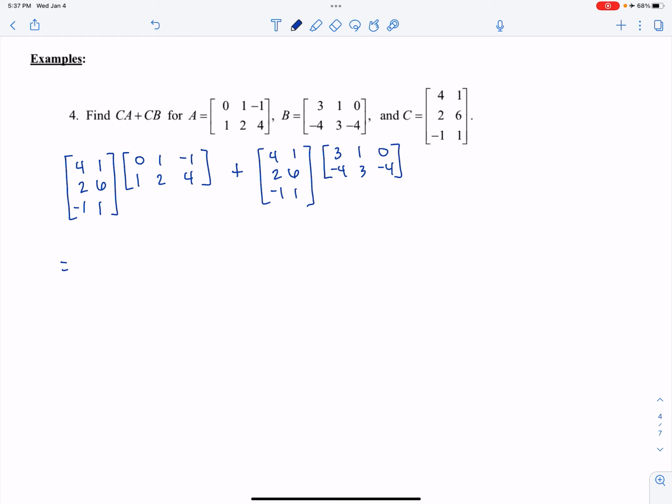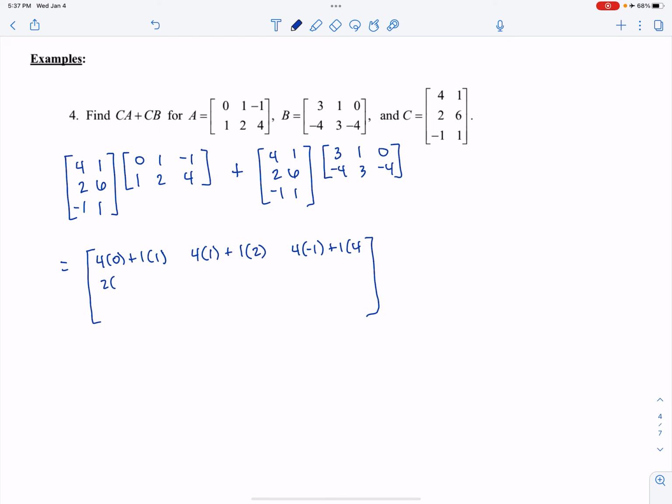So let's multiply the first C times A. We're going to get 4 times 0 plus 1 times 1, 4 times 1 plus 1 times 2, 4 times negative 1 plus 1 times 4.